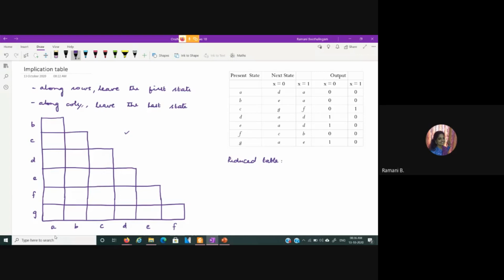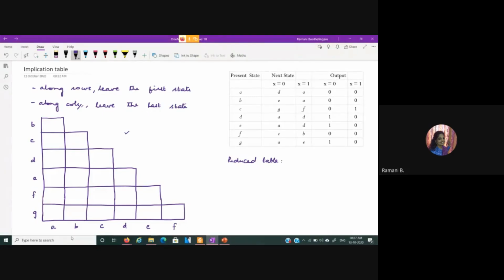You have to compare A with B, C, D, E, F and G. All these you can observe along this particular column. Same way you need to compare B with A, C, D, E, F and G. With A the comparison would have been already over. That's why you are having this sort of table structure. So let us start doing the comparison.